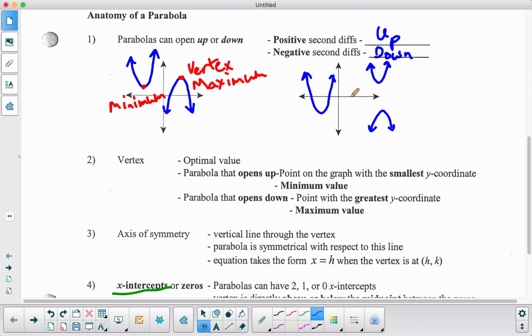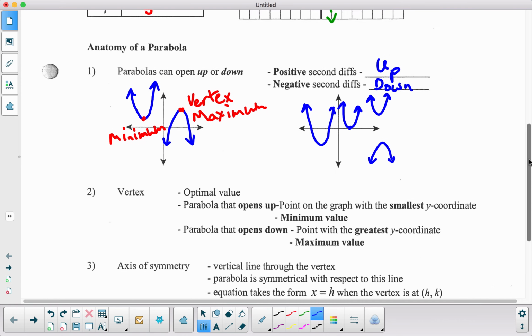And a third possibility is this: the vertex could be located right on the x-axis, and maybe it opens up or opens down, but the parabola comes down and just touches the x-axis in one spot and goes up. And we say that that parabola has only one x-intercept.